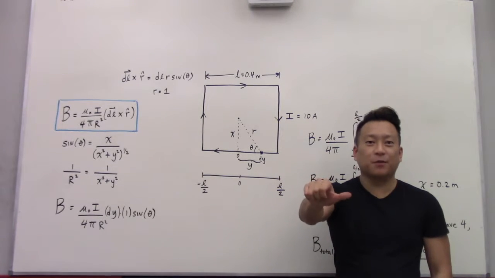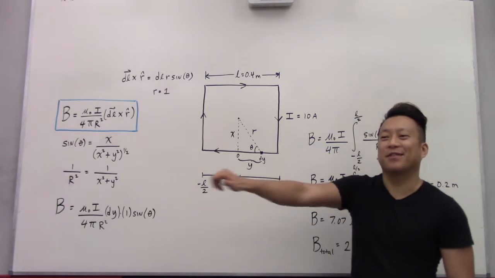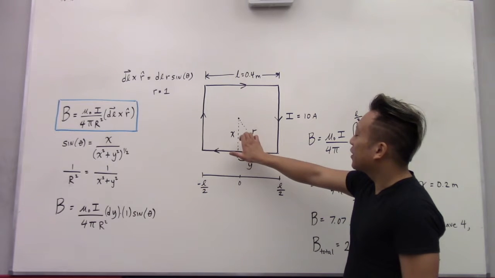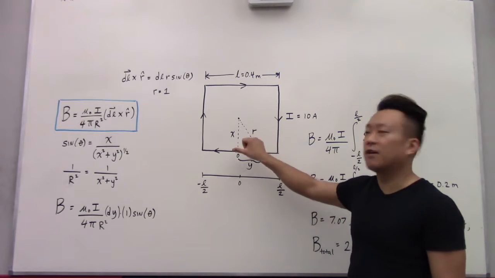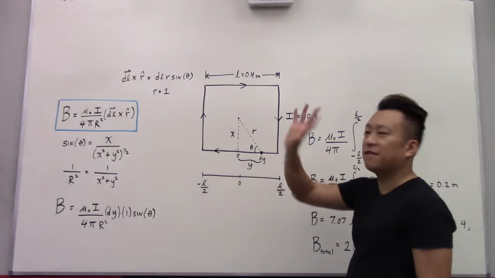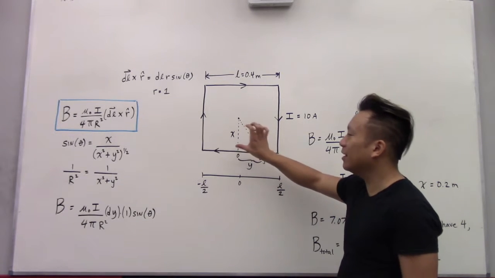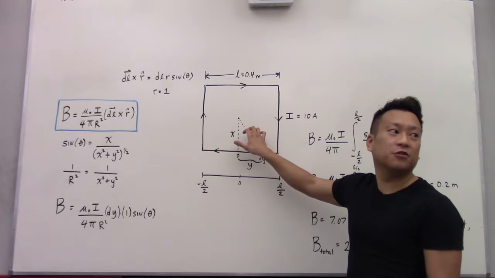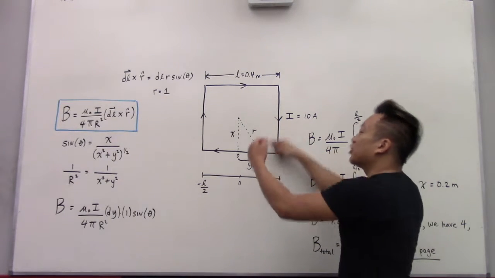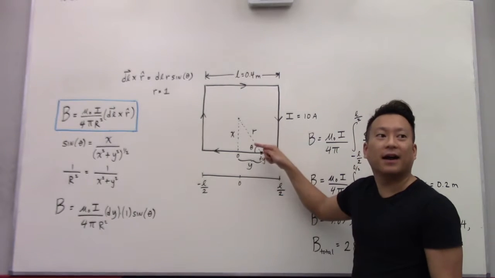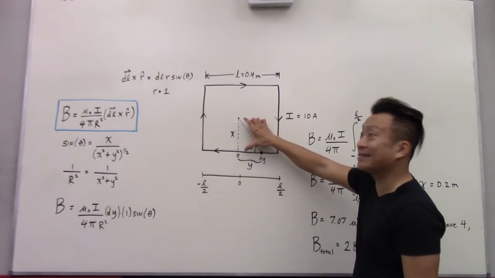Imagine you're grabbing the wire, but I don't advise grabbing the wire. You have a current running through the wire. If I align my thumb with the current, you see my fingers are going to curl into the board or into the page. So the magnetic field makes a circle around that wire at a distance x.